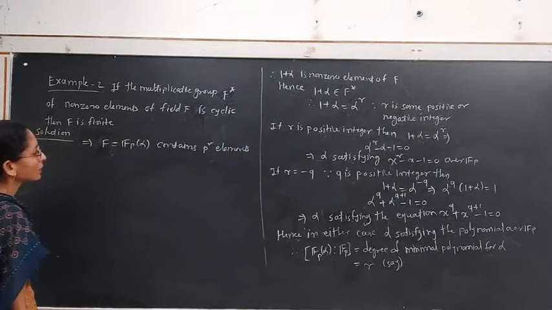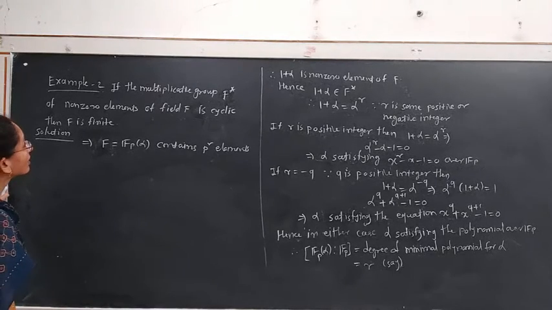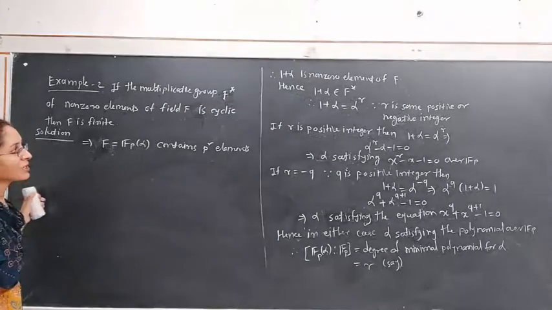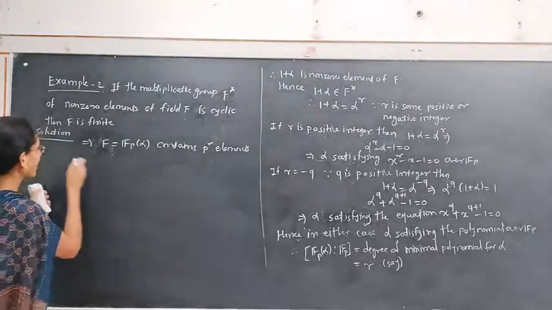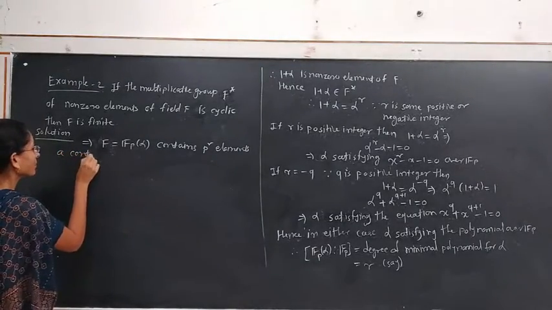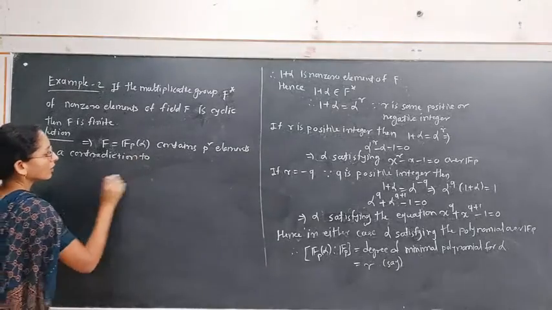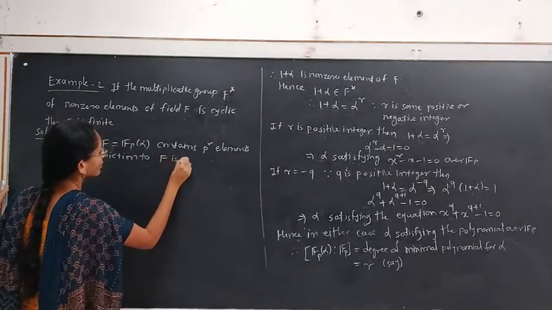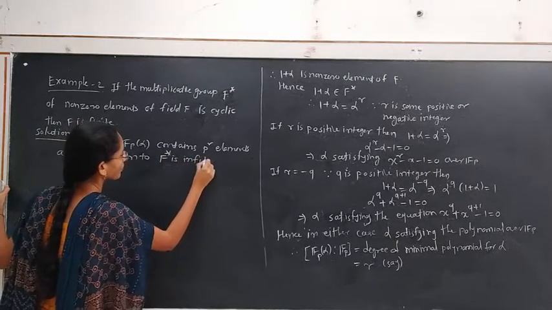A contradiction to our assumption that the non-zero elements of F, F star, the cyclic group that contains the non-zero elements of the field F, form an infinite group. This is the contradiction to F star being an infinite group.